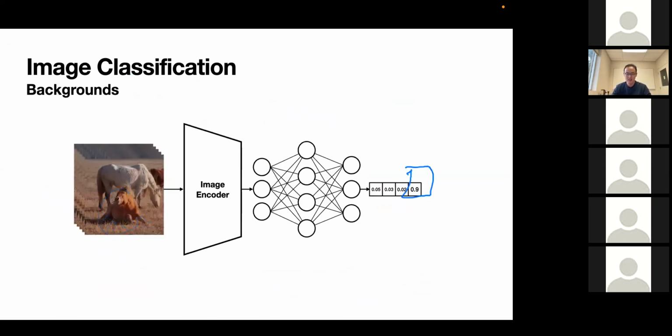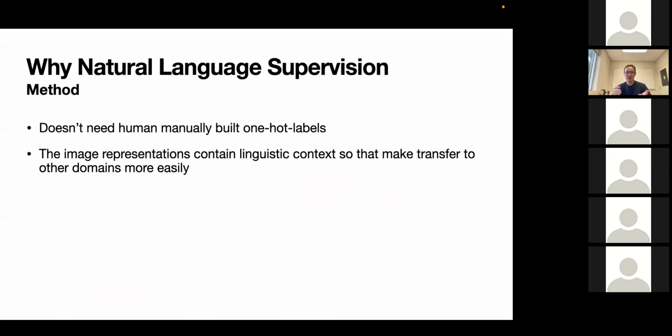So this method doesn't need humans to manually build one-hot labels, and this model combines the strengths of NLP and CV, so that each representation of the image can contain some linguistic context, which makes transfer to other domains easier. I think this is the main contribution of those authors.